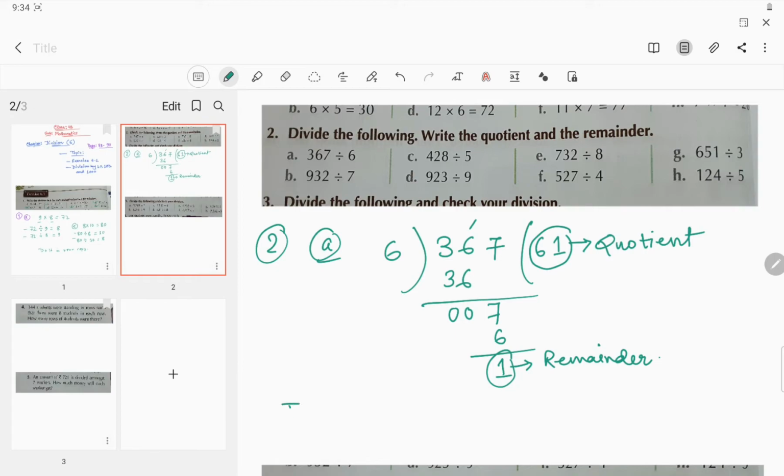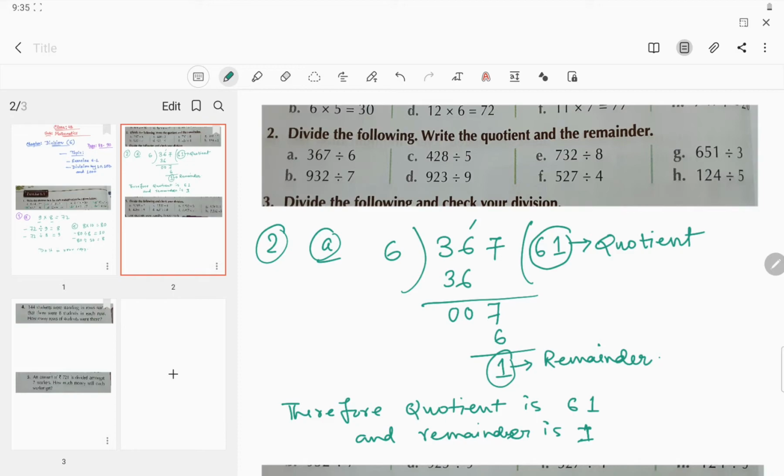So you have to write, therefore quotient is 61 and remainder is 1. Clear?